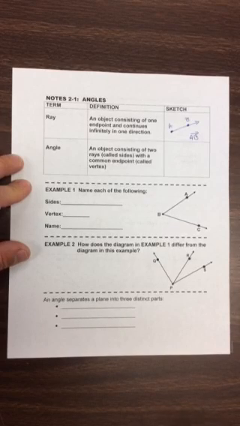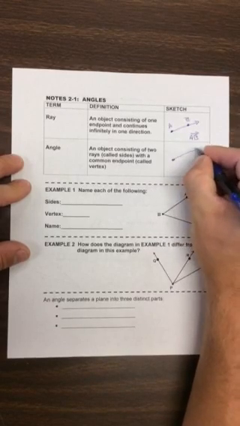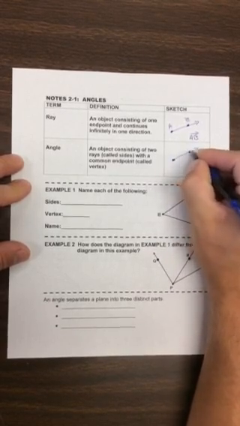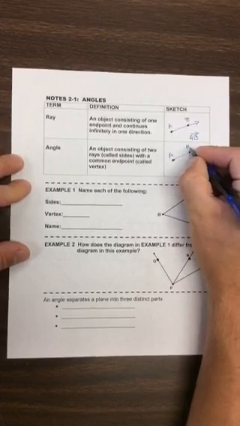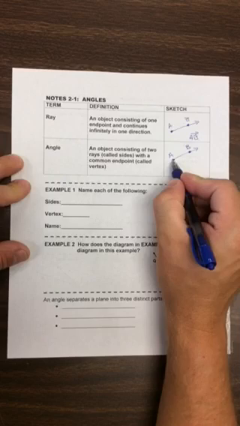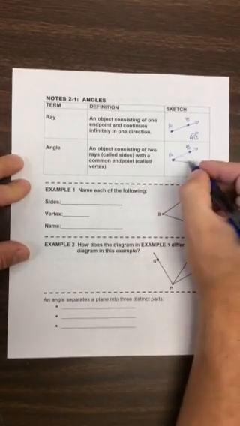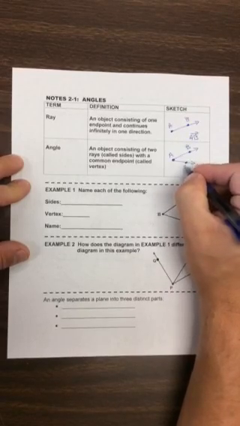Now, looking at angles, an angle is an object consisting of two rays, called sides, with a common endpoint called a vertex. So if I want to just add on to my prior picture, I've got one ray AB. I'm going to go ahead and have a second ray because we're going to have a common endpoint. Second ray off of there, and we're going to call it ray AC.